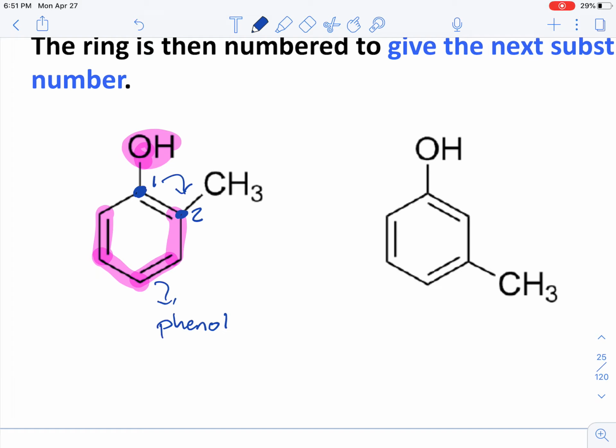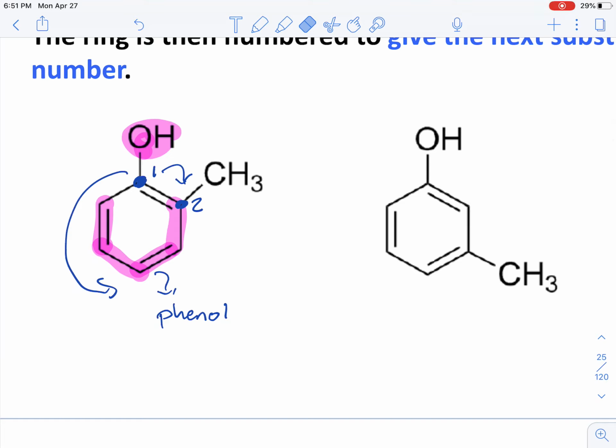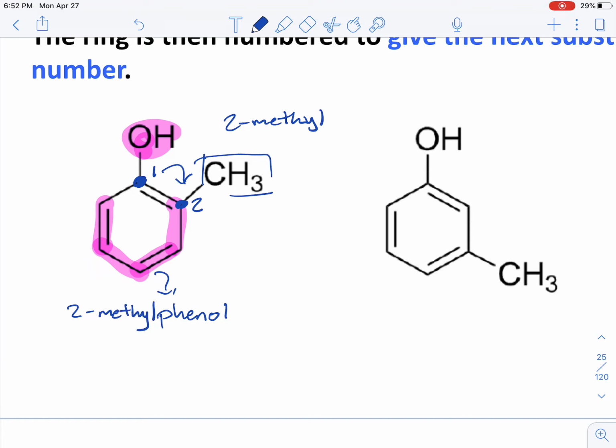If you go counterclockwise, you'll get carbon 6 for the methyl, which is a very high number for a substituent when there is another path that produces a lower value for the methyl group. So in this case, we describe this as 2-methyl. And here we have 2-methyl phenol.